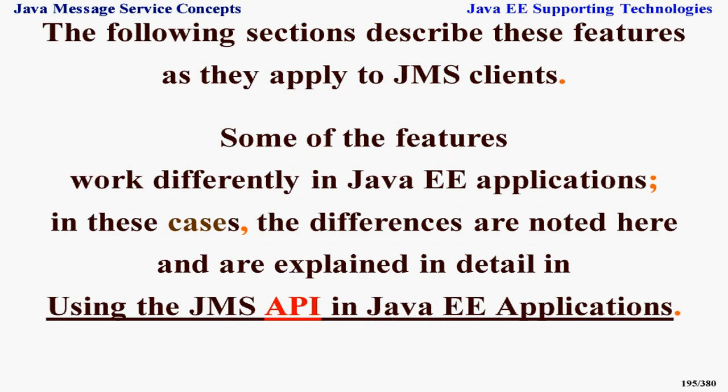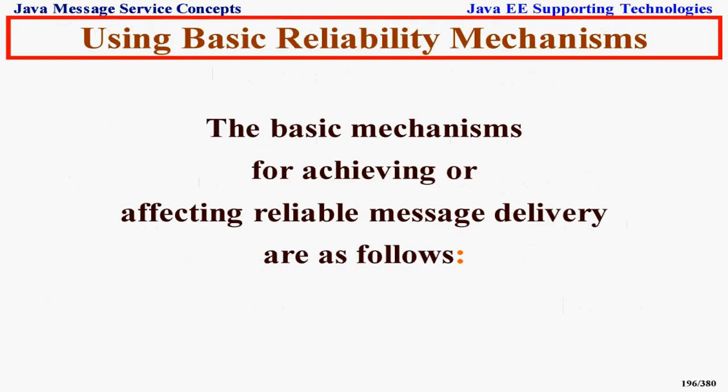Some of the features work differently in Java EE applications. In these cases, the differences are noted here and are explained in detail in Using the JMS API in Java EE Applications. Using Basic Reliability Mechanisms. The basic mechanisms for achieving or affecting reliable message delivery are as follows.